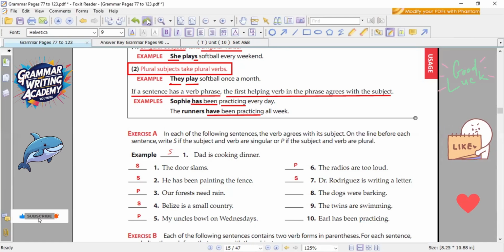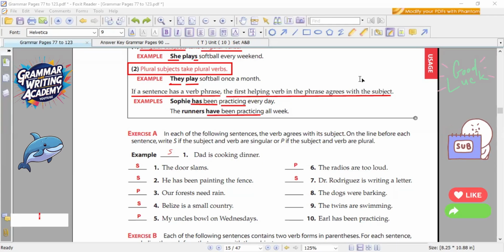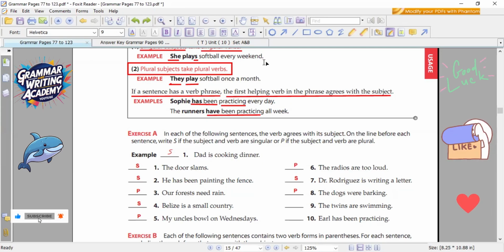Good. Number 8. Answer for me, number 8 too. Yes, mister. The dogs were barking. Dogs is plural, so it's plural. And here we have a verb phrase, were barking, and here were is a verb in the plural form. Thank you so much here, Majd.